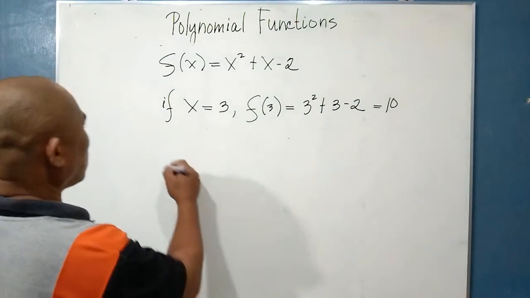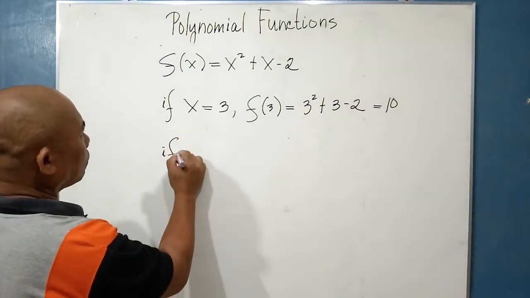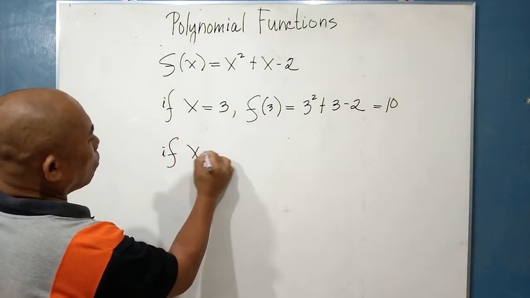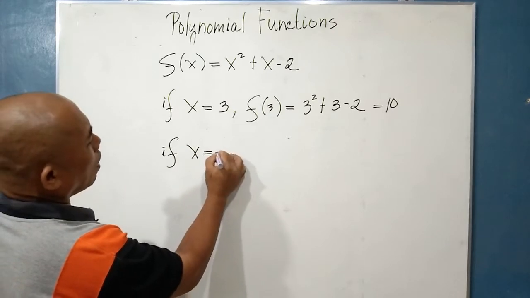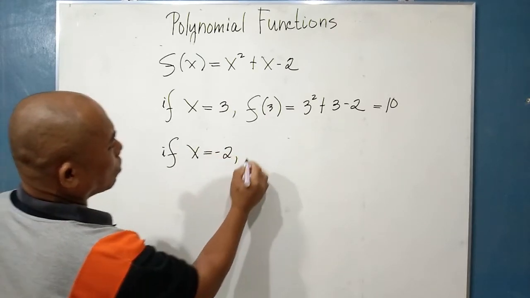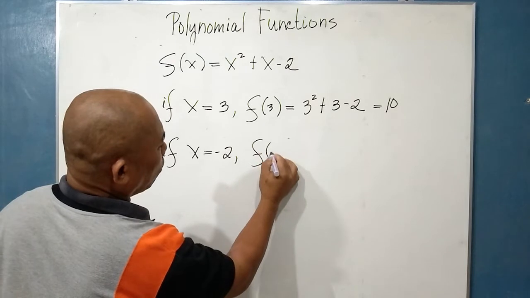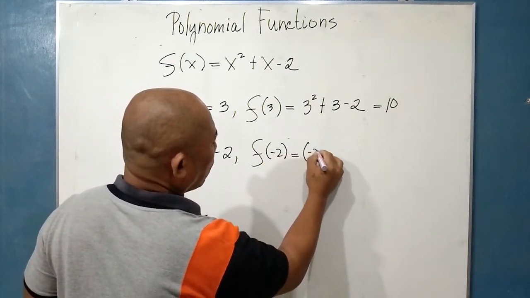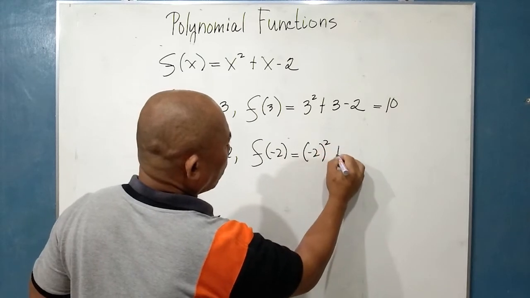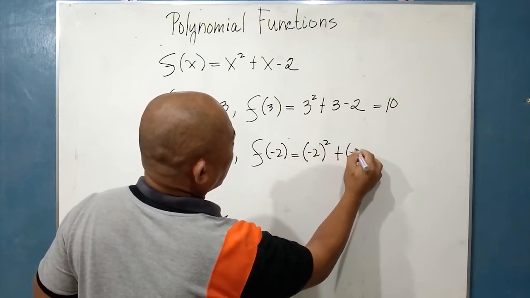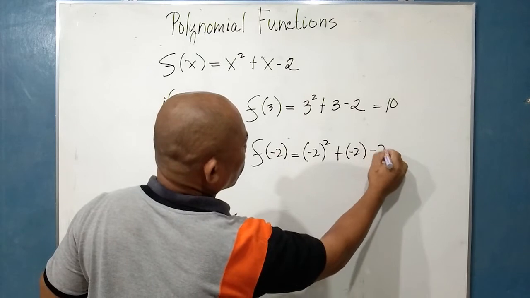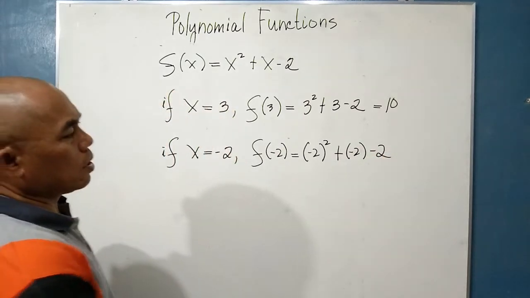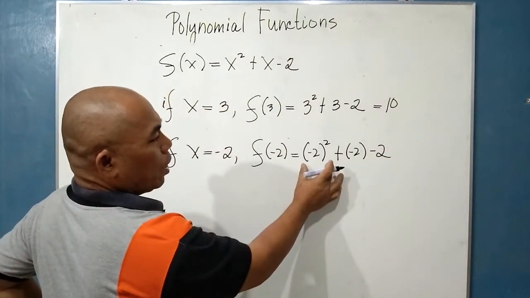For example, kung si x nato pulian ako og negative 2. So we will have f of negative 2 is equal to negative 2 squared plus negative 2 minus 2. So this is 4.